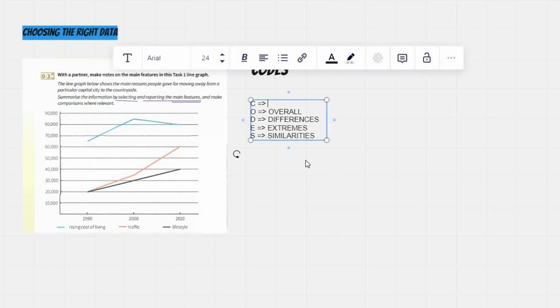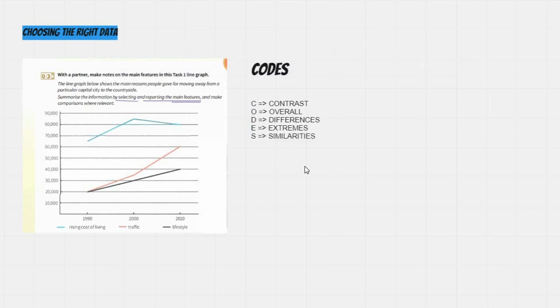C stands for contrast. This is a little bit different than differences, because contrast has to be a little bit more in your face, a little bit more obvious. So contrast is the type of main feature that you want to report using phrases like despite the fact that, or although, or while, or in contrast.